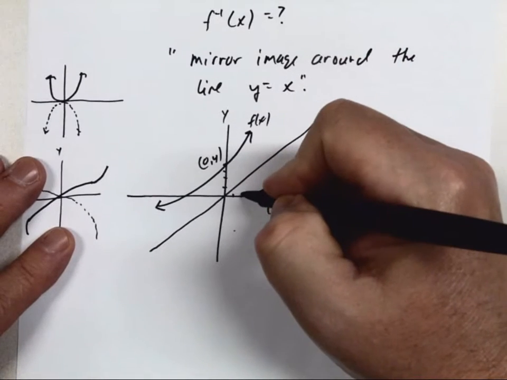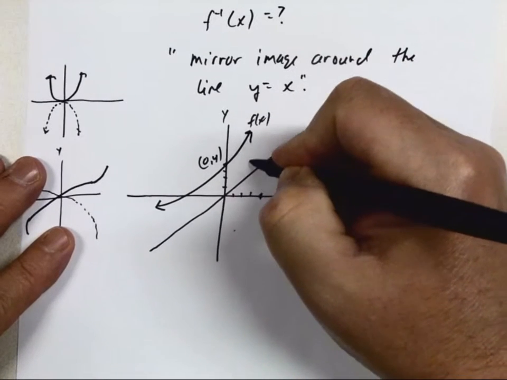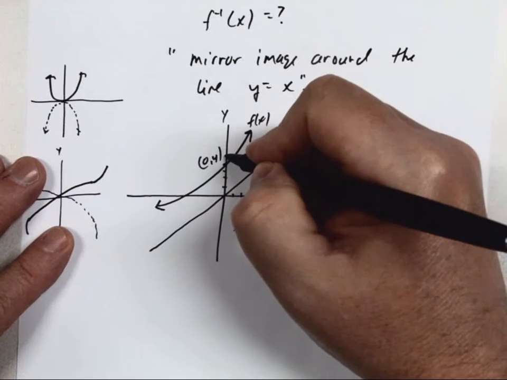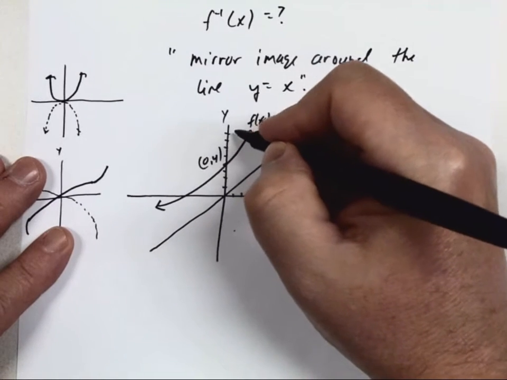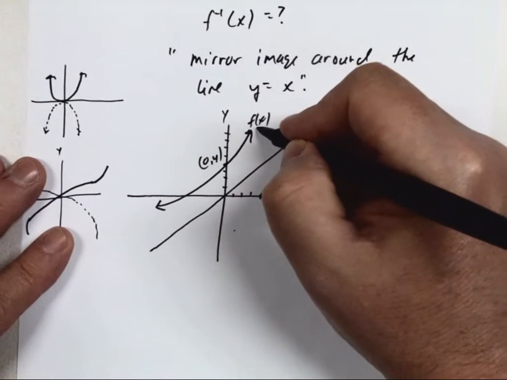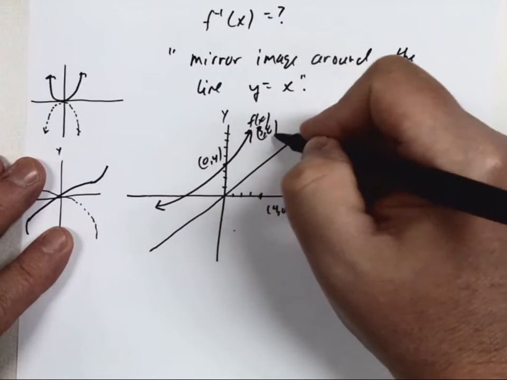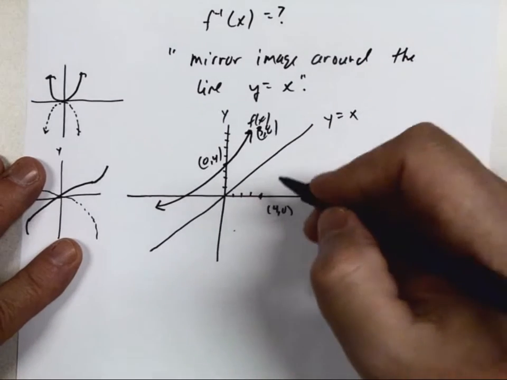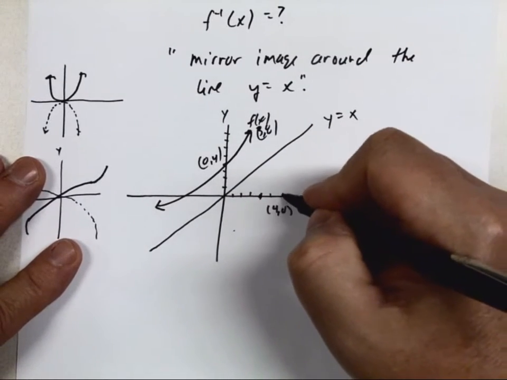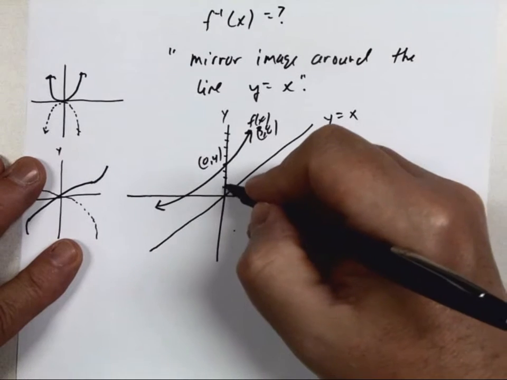Say I've got this point right here, 3, 8.